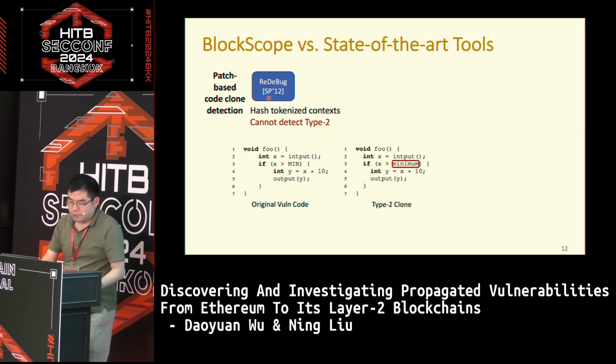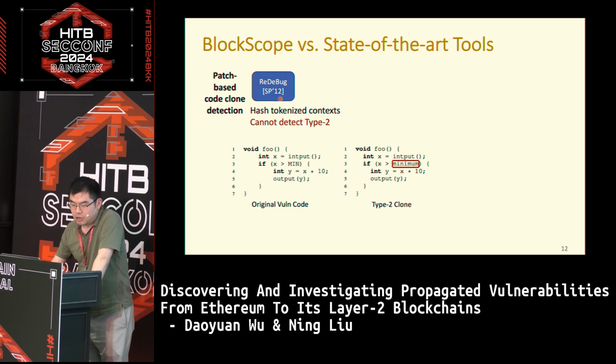It is also open source. It was developed by CMU in 2012. At that time, it was a generic source code analyzing tool, mainly targeted at the Linux kernel. It also uses the patch information to do the code clone detection.